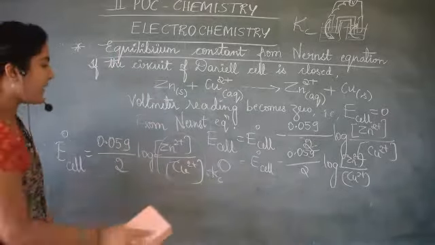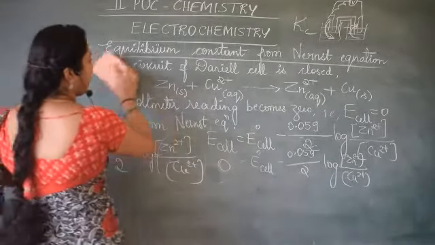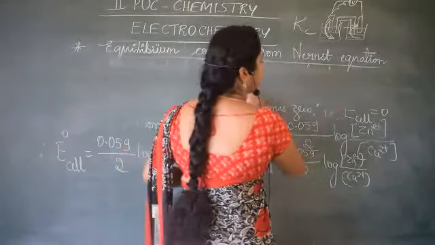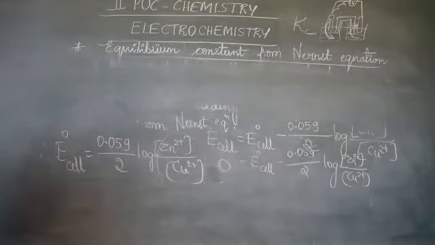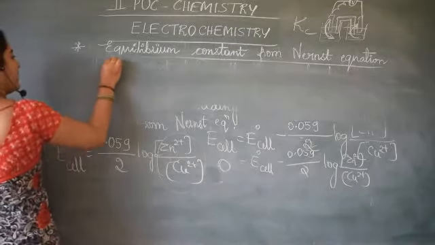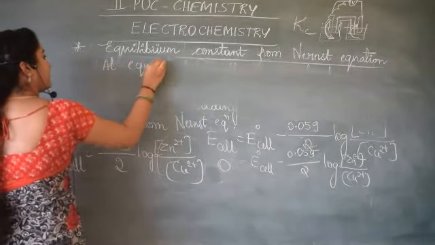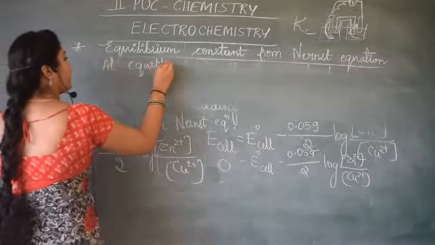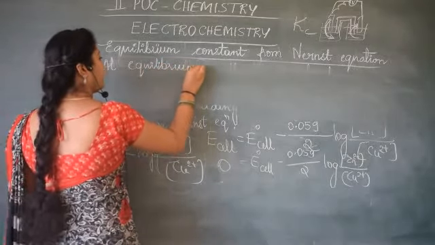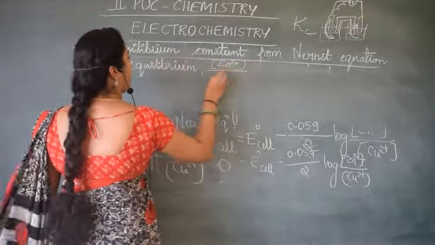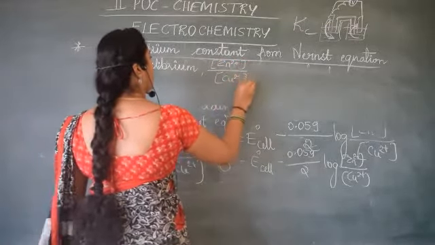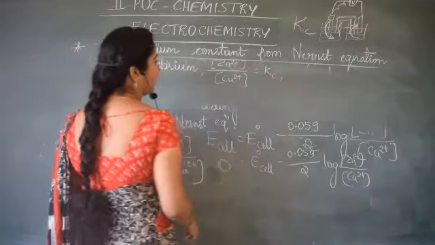So we can write this as, I'll erase this. You have to mention that at equilibrium, the molar concentration of Zn2 plus by the molar concentration of Cu2 plus is equal to Kc.